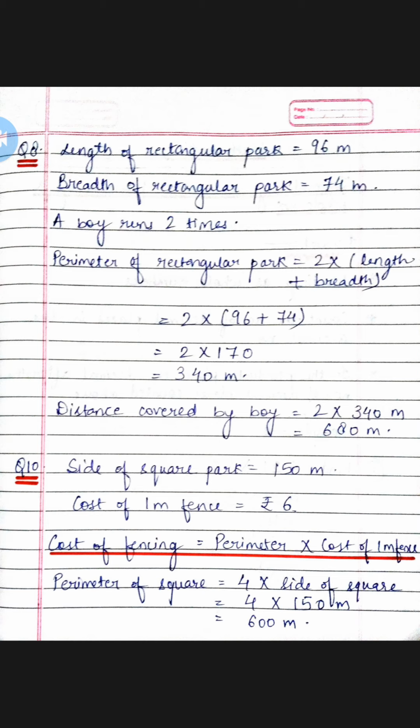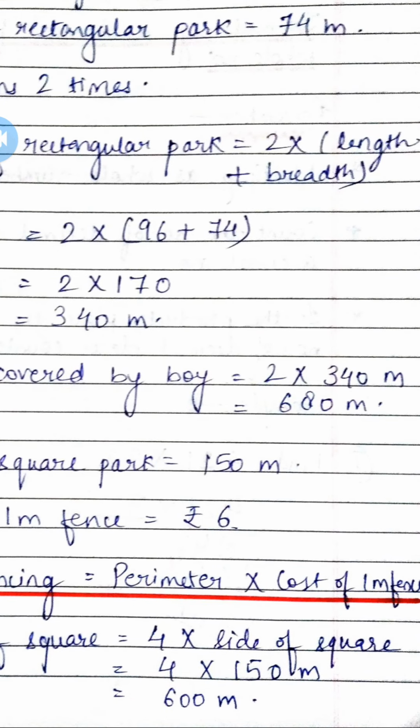Now one more formula is there for finding the cost. You have to learn this also, that cost of fencing is equal to perimeter multiplied by cost of 1 meter of fence. So first of all find out the perimeter of the square by applying the formula 4 multiplied by side of the square. So 4 into 150 meter.